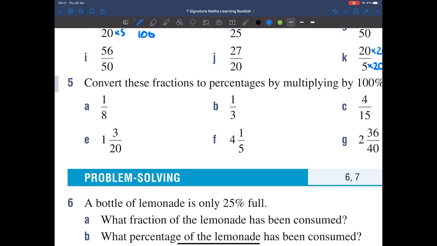We're just going to divide 1 by 8, using kind of like long division. Okay? So let's do it. How many 8s go into 1?